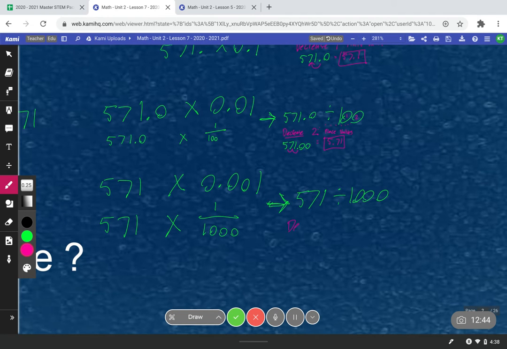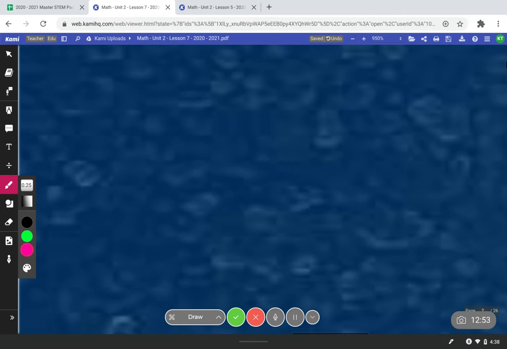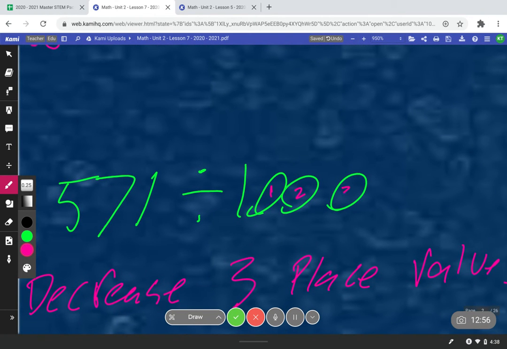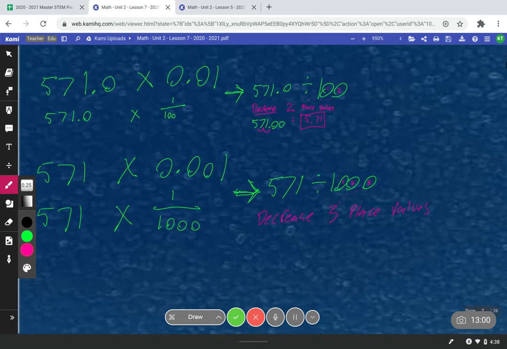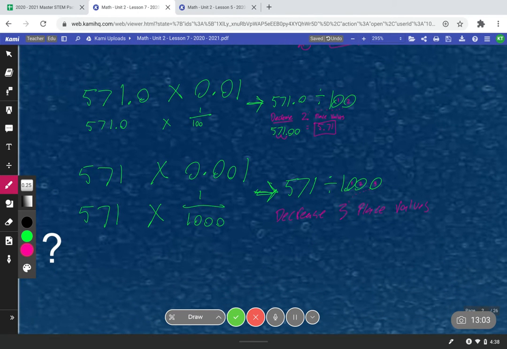We are going to be decreasing 3 place values. 1, 2, 3. So since I'm decreasing 3 place values, our decimal point needs to go to the left. 1, 2, 3.